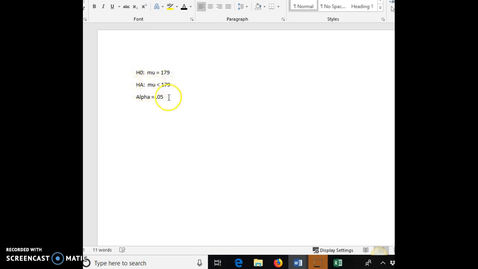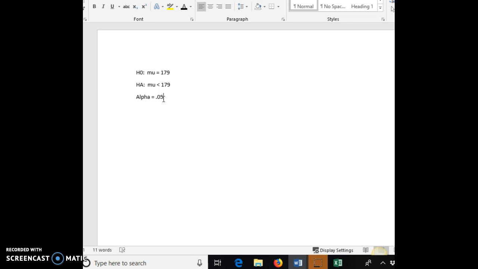Now notice, since our alternate is a less than, when we were using the z functions or the standard normal distribution functions in Excel, it always gave us the area to the left, and that's true also as we get ready to use the t distribution functions.